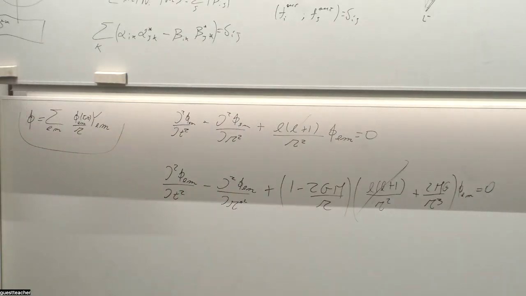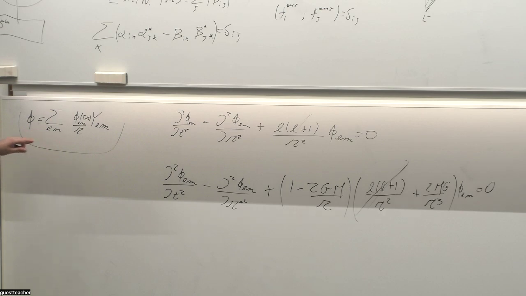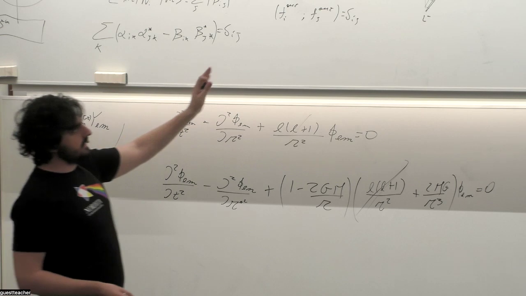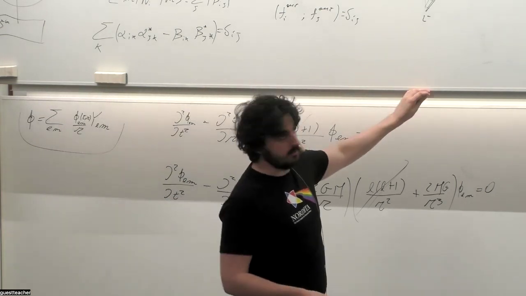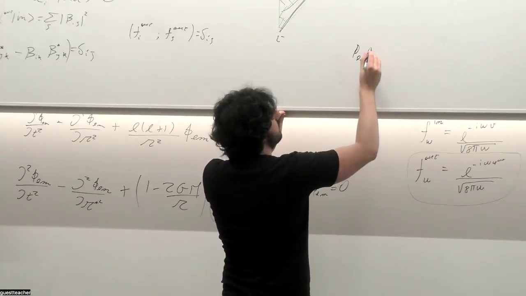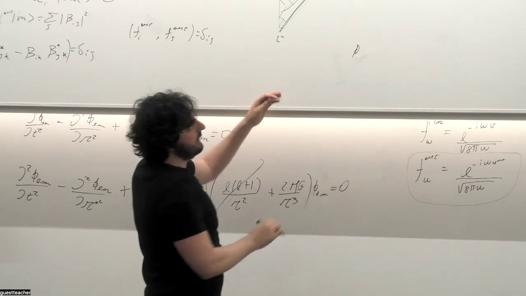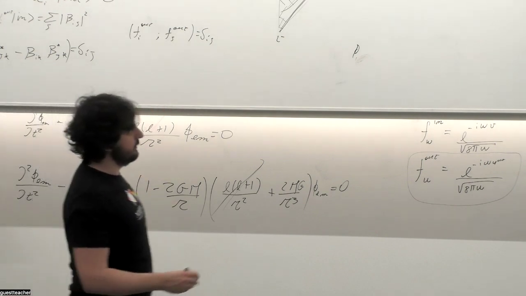The regularity implies that phi goes to 0 at the horizon, at r equals 0. So the total modes, the sum of left and right going modes at r equals 0, is 0. I deleted the L and M dependence because I dropped the potential, so there is no dependence anymore.